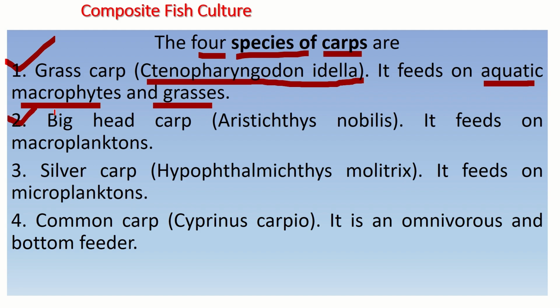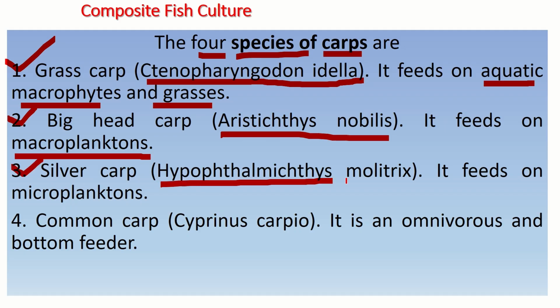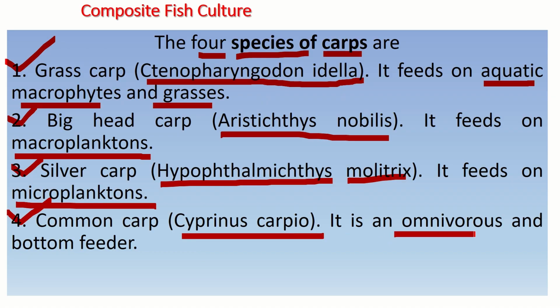The second species, bighead carp, Aristichthys nobilis, feeds on macroplankton. Silver carp, Hypophthalmichthys molitrix, feeds on microplankton. Common carp, Cyprinus carpio, is an omnivorous bottom feeder.